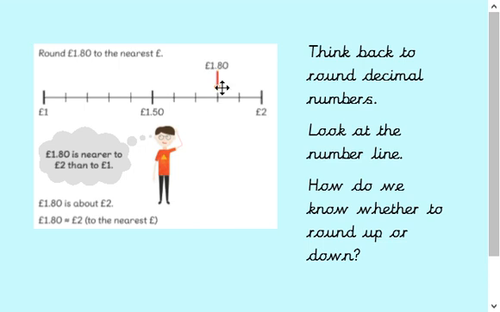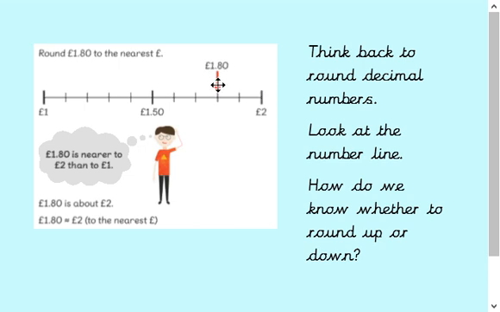Okay, £1.80 we know is in between £1 and £2. The big question is, do we round it down to £1 or up to £2? Look at the number line here with me. Which is it closer to, £1 or £2?